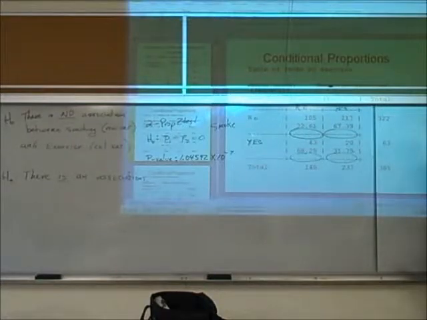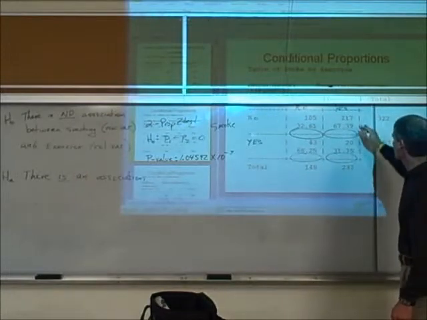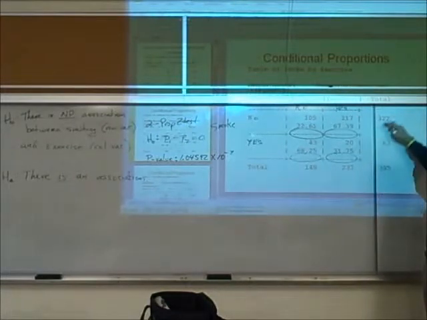That's what the calculator gave you when we did the 2-prop z-test, if you paid attention: a p-hat with no subscript. And remember, that's the pooled estimate, which is x1 plus x2 over n1 plus n2. So this is x1, x2, n1, n2. Well, that's this.